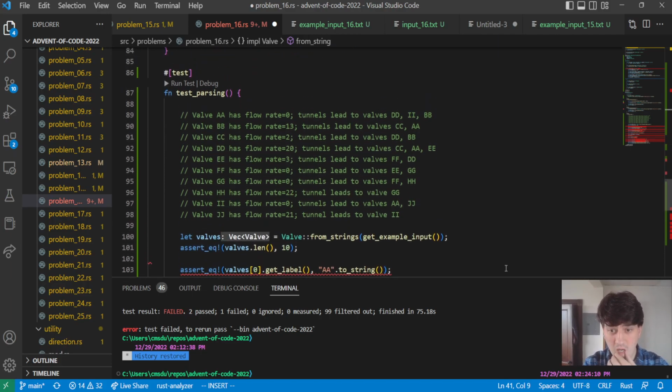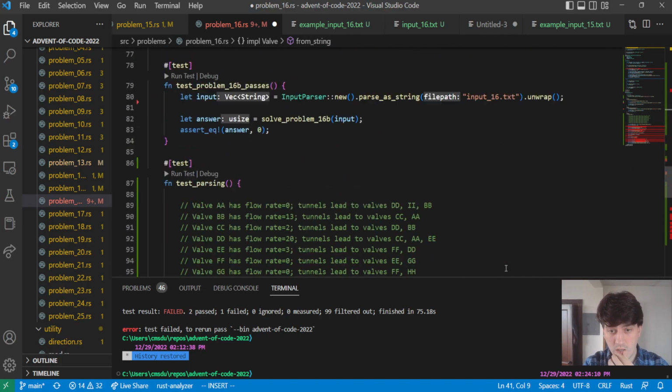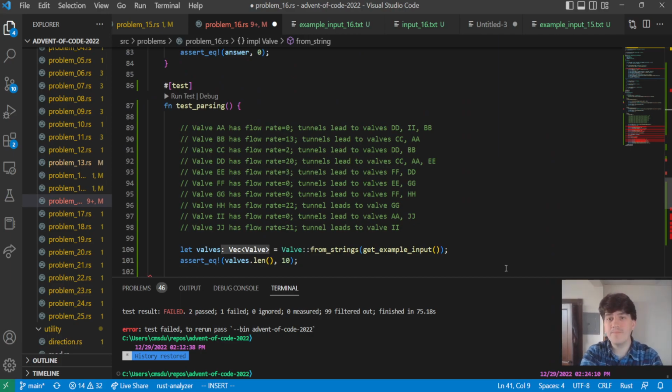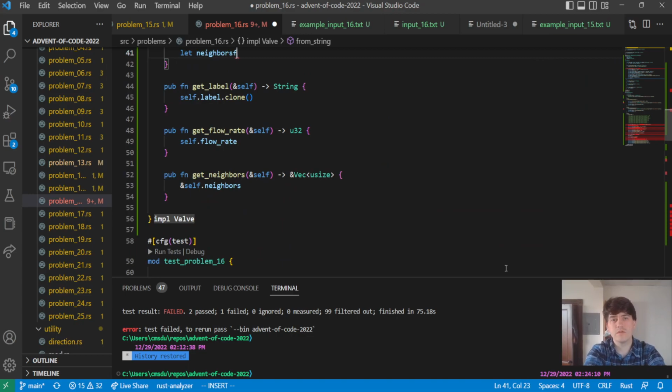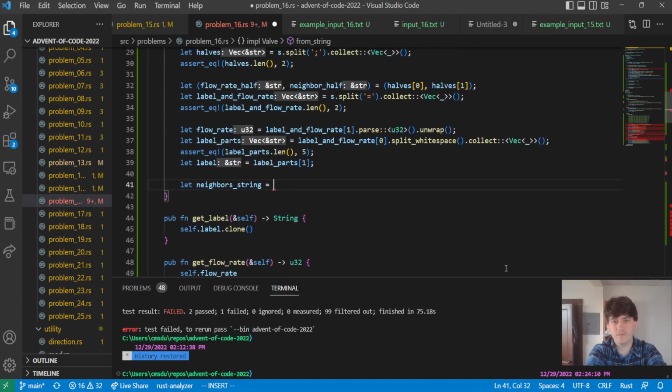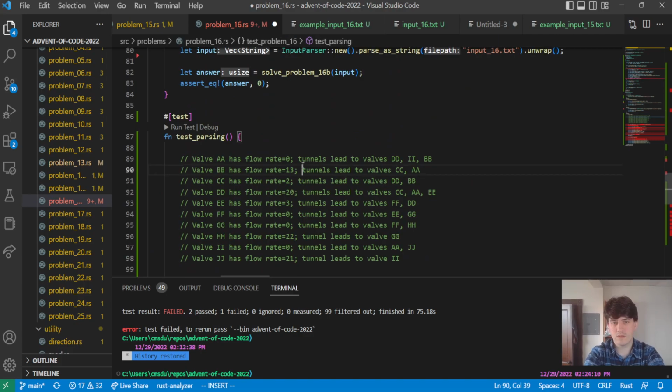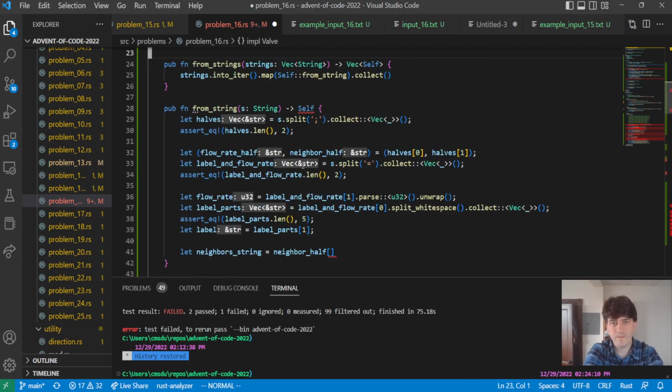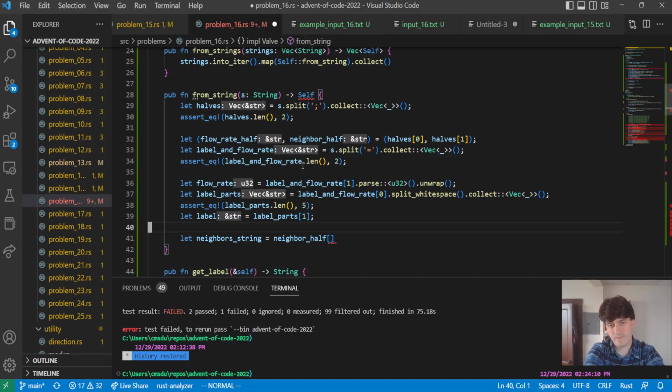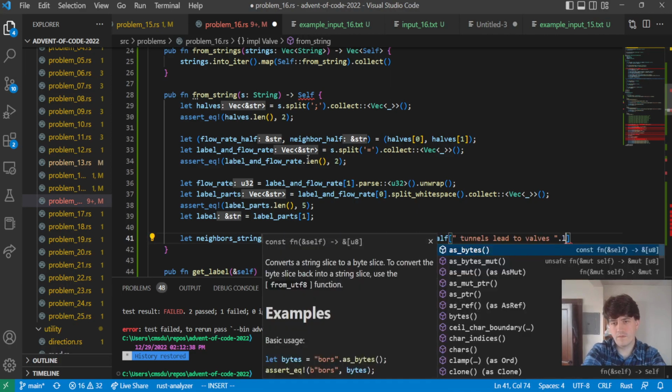So let's say let neighbors_string be neighbor_half starting at this length.